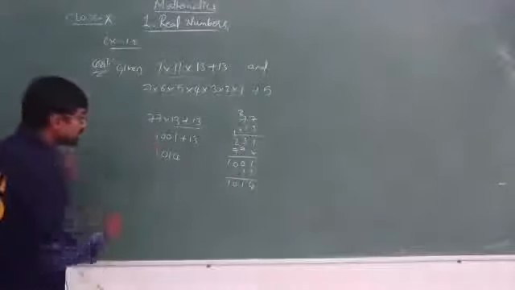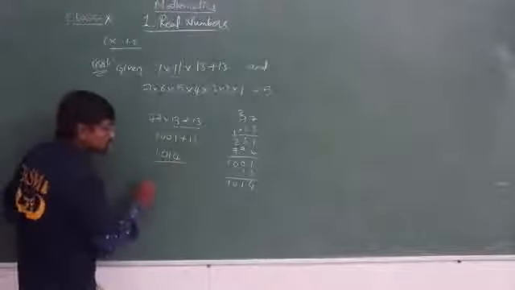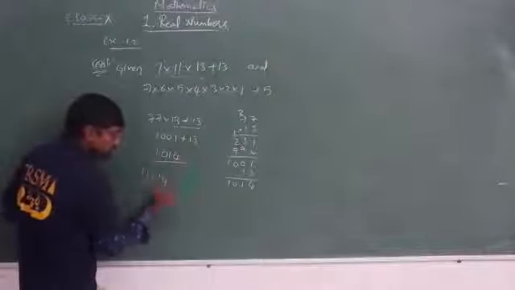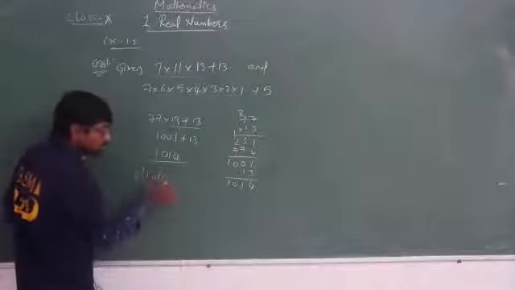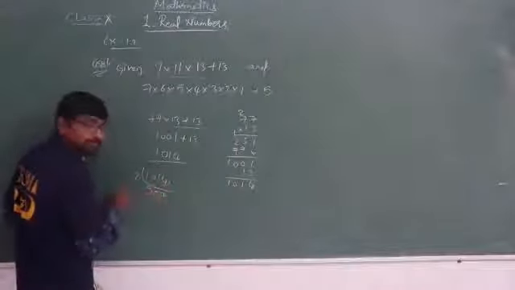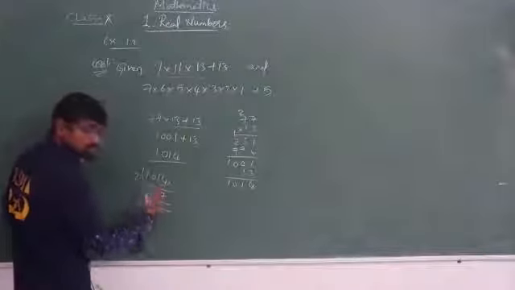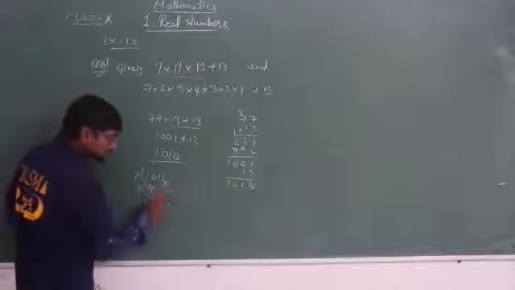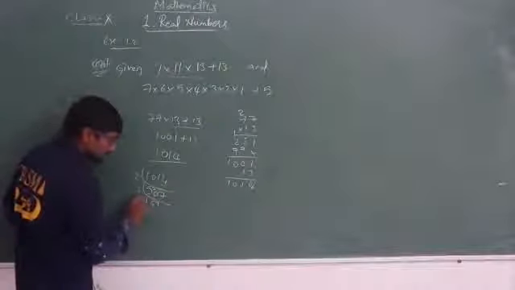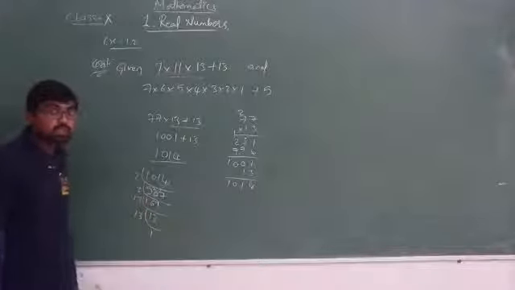If I take the prime factors of this 1014, what do I get? 2 5s are 10, 2 7s are 14. You can't take 14 directly, you have to keep 0 here. Then 3 table: 3 1s are 3, 3 6s are 18, 3 9s are 27. Again I will be getting 13, and 13 1s are 13.